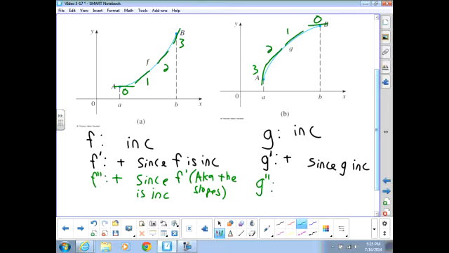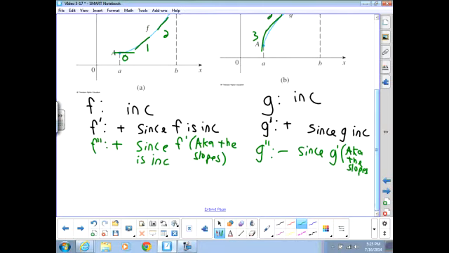So that means the derivative of our slopes, or g prime, the derivative of that, g double prime, should be negative. And that is since g prime, aka the slopes, are decreasing.